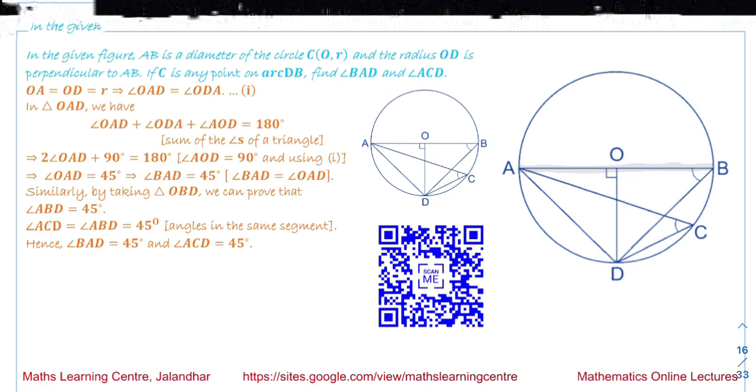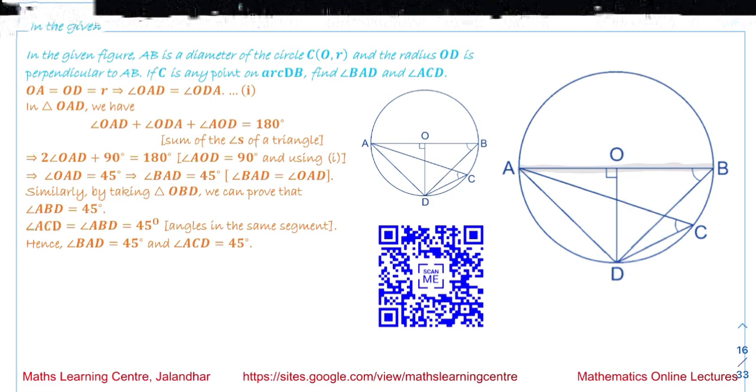Next, in this question we are given that O is the center of the circle and we have to prove that this angle XOZ is 2 times the sum of the angle XZY and the angle YXZ.